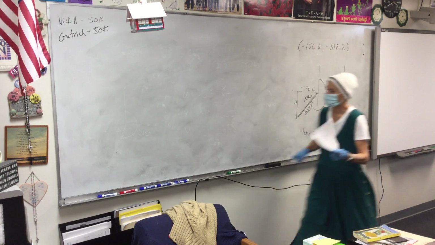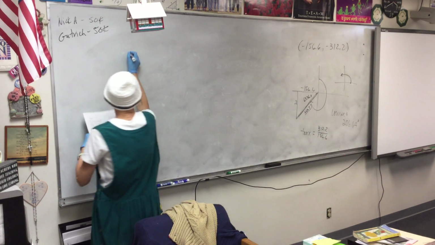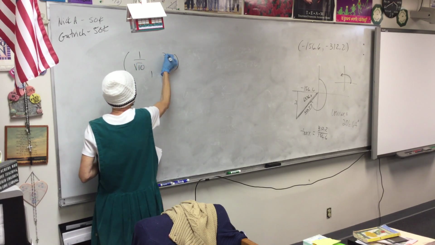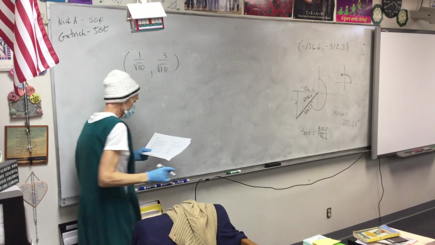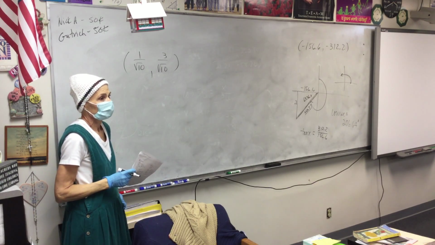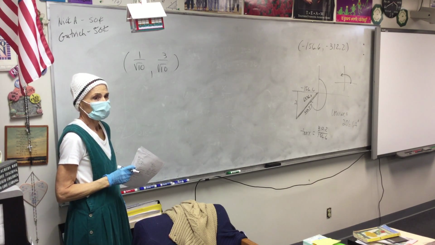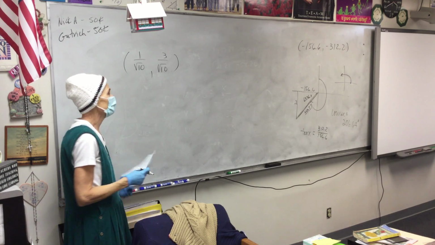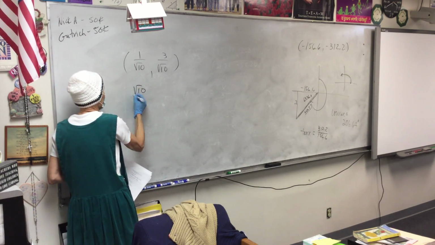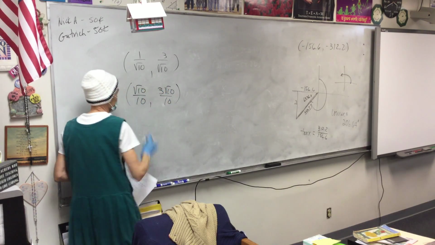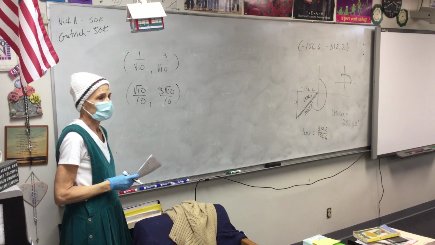Root 10. And then what do we do with the root 10? We divide each coordinate by that. That makes it a unit vector. You simply divide the coordinates of the vector by the magnitude. That's all there is to it.